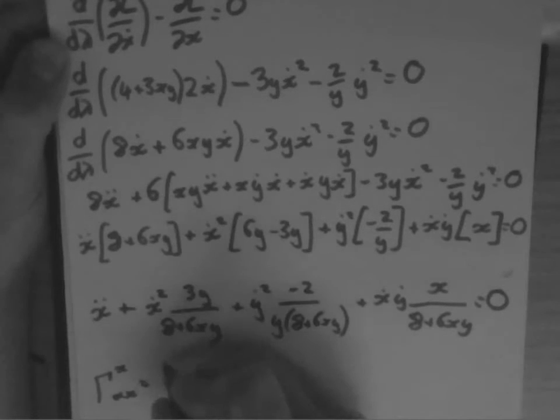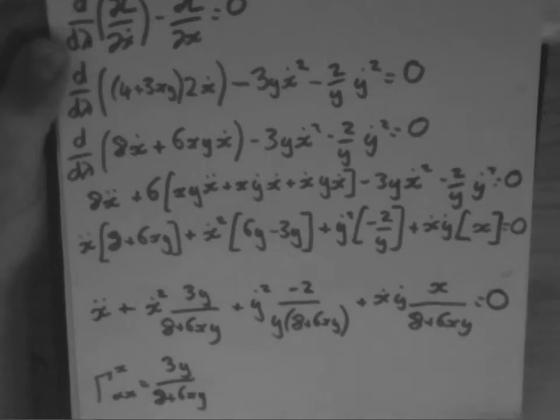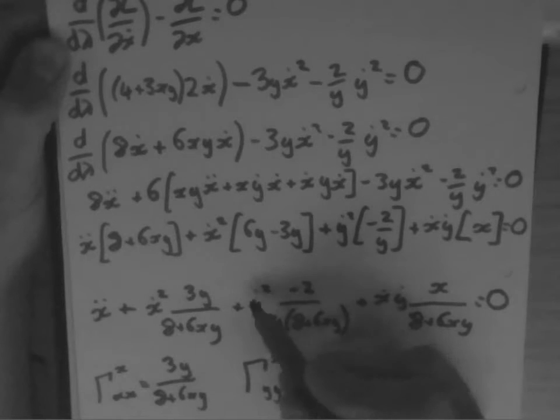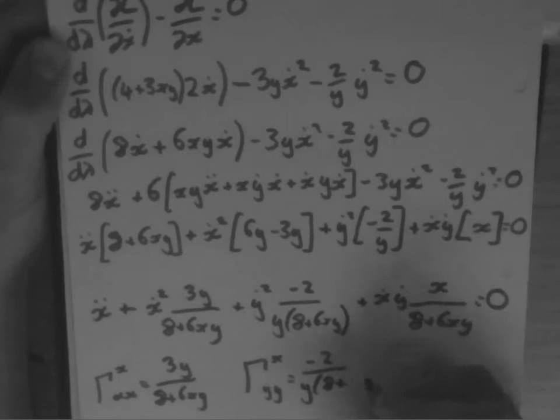So this is going to be 3y divided by 8 plus 6xy. The gamma x y y term is the coefficient multiplied by the y dot squared term. This one here. So this is going to be minus 2 over y times 8 plus 6xy.